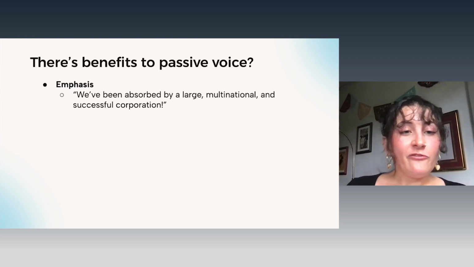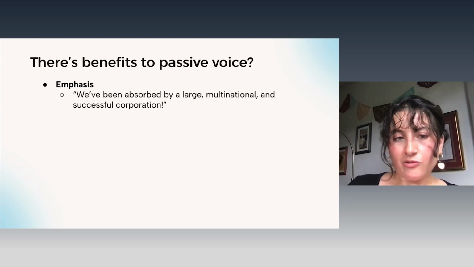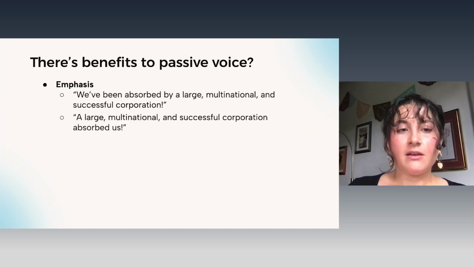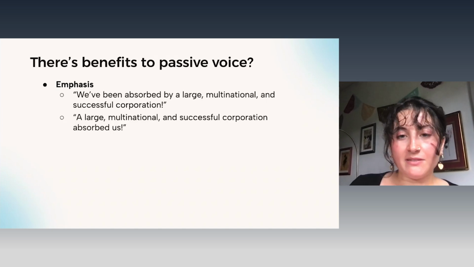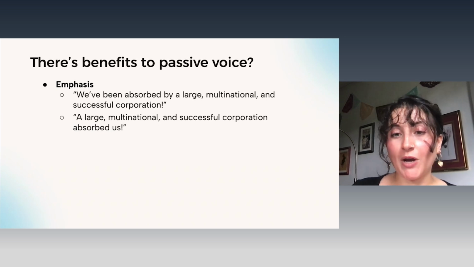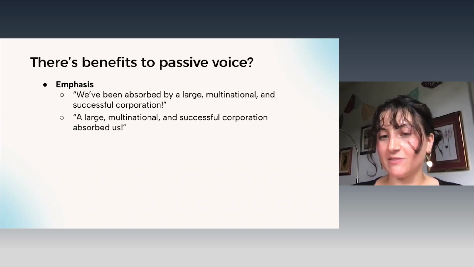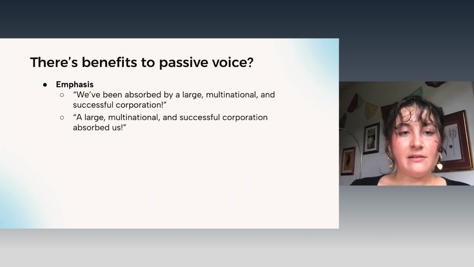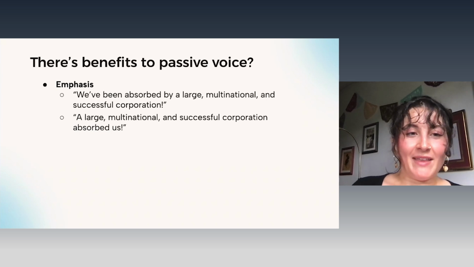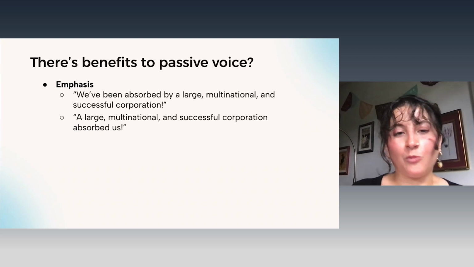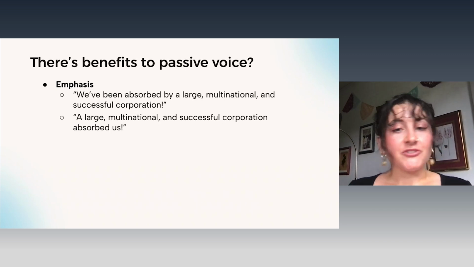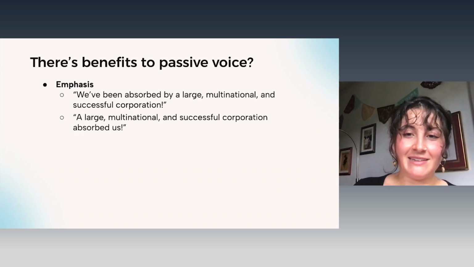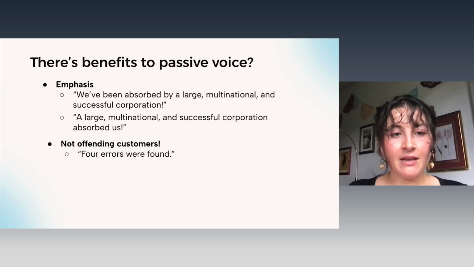Consider the sentence, we've been absorbed by a large multinational and successful corporation, compared to a large multinational and successful corporation absorbed us. Now, as I mentioned before, you absolutely can disagree about which one sounds more emphatic, but in English, it is shown that the first one would be more emphatic because we're putting the large multinational and successful corporation at the end. So maybe that will get people a little more excited than the second sentence.